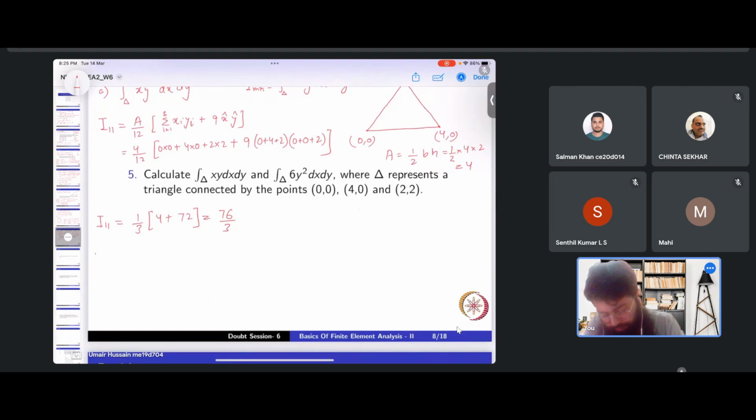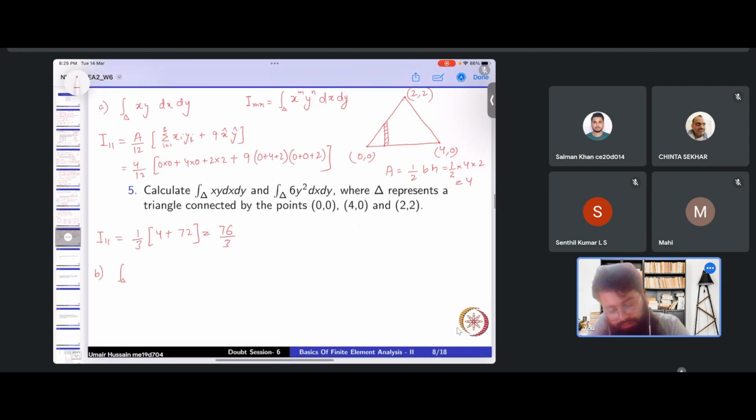Now the next part is, yes, yeah, I remember now. We used to draw some strip for this kind of integration. Suppose if we draw some strip like this, we need to know the equation of this line here and this line also.